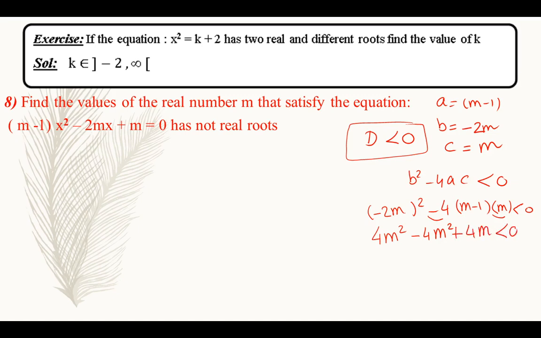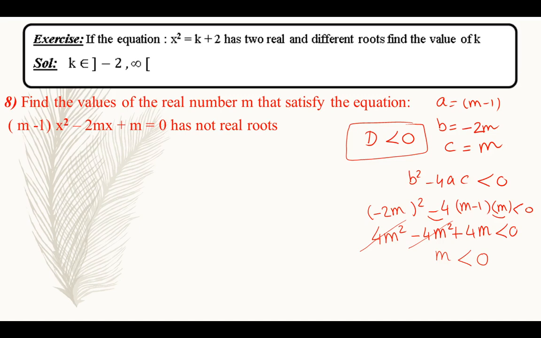All of these smaller than 0. Here you can see that 4m squared will cancel negative 4m squared. So we have 4m smaller than 0. Divide both sides by 4, so you will find that m is smaller than 0.